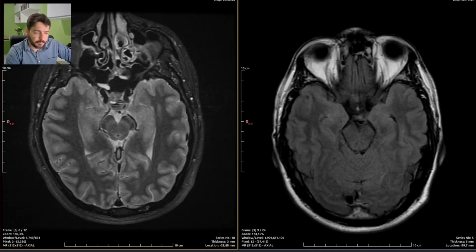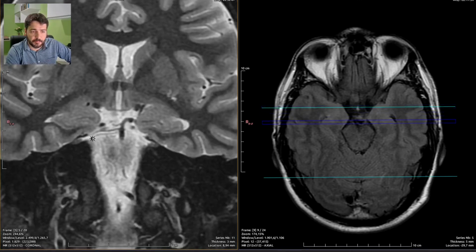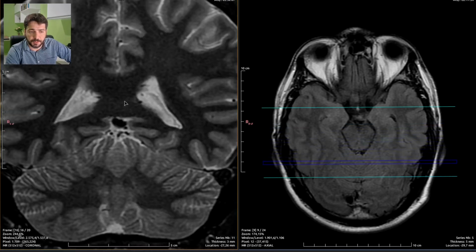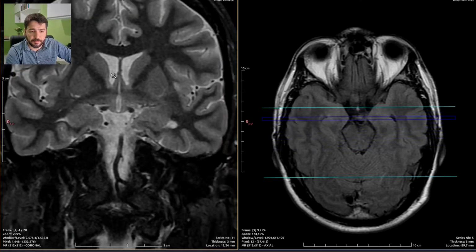So it really isn't much. They also made the same sequence for the hippocampus on the coronal oblique view, which is much better. And the hippocampi are fine.